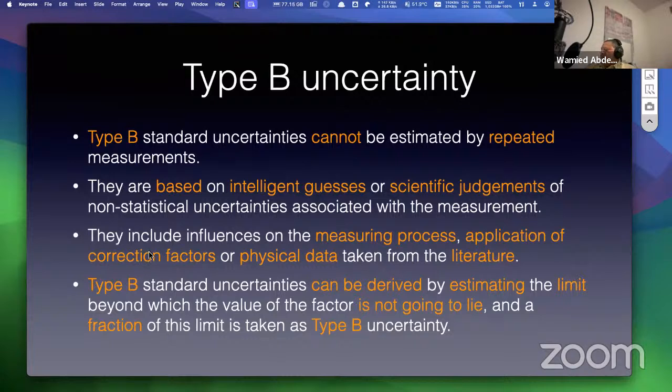So this will be type B errors, which include influences of the measuring process. For example, when we're measuring the dose, yes, we repeated the experiment R several times, but how about the depth, for example? How accurate is your depth? There is an uncertainty, or accuracy of your position. It could also be due to correction factors.